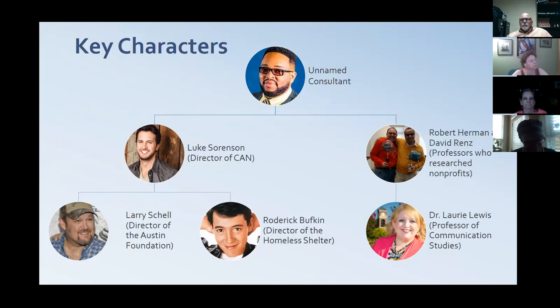As we look at this, we can see some of the different approaches here. The Austin Foundation, looking at Larry's position, Larry pretty much had the position that it needed to look more like a business. It needed to make sense. It had to be measurable, which made sense. If you're giving out money, you want to make sure that there's an end result that you can say, this is what we did with our money.